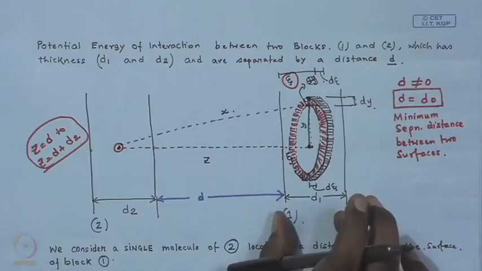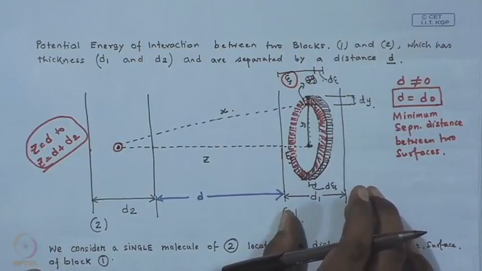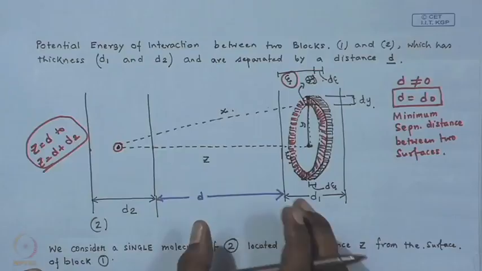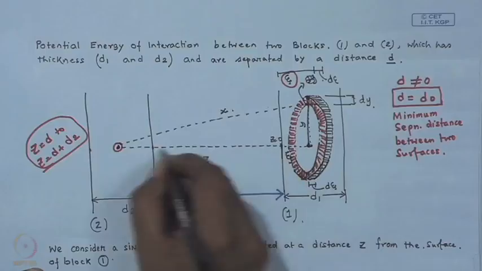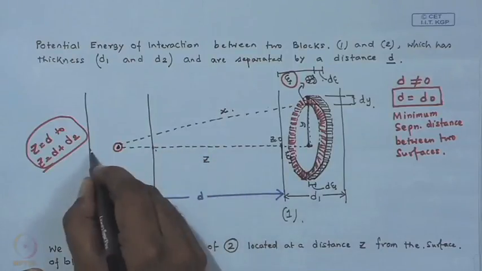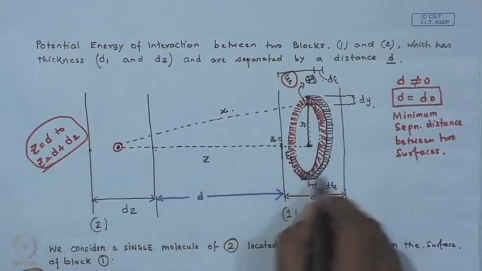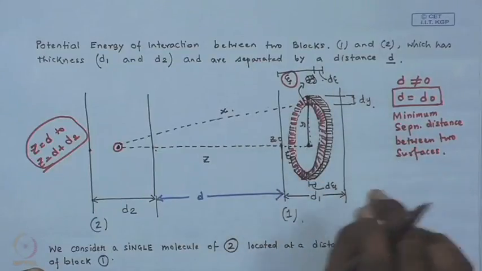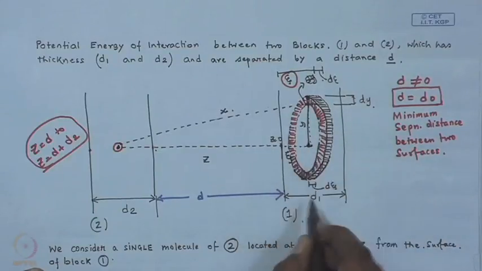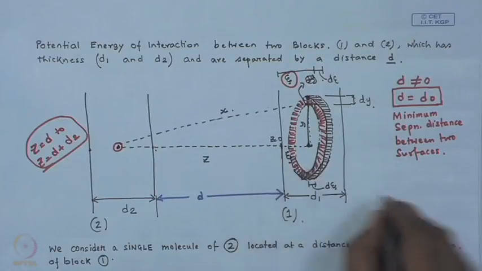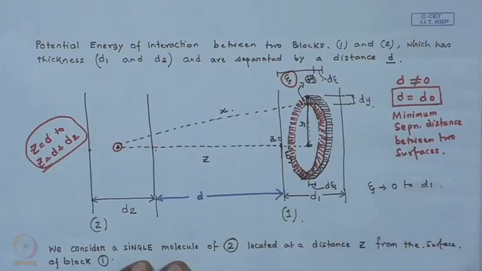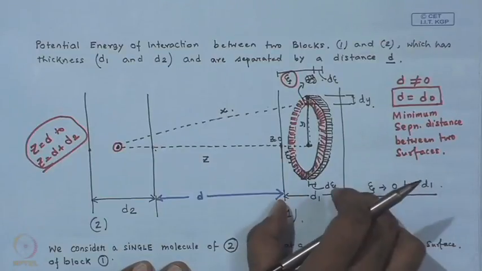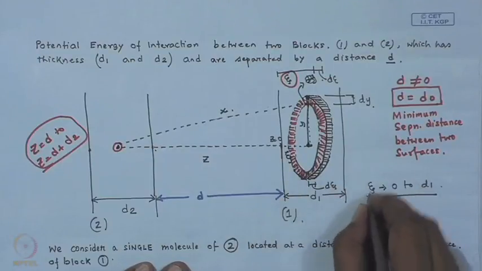So, two blocks of width or thickness d1 and d2, and they are separated by a distance d. Look at the origin of z. So, here is z equal to 0 and it increases in this direction. Here z is equal to d, here z is equal to d plus d2, and you have considered a ring like annular space, which is at a distance zeta inwards in block 1. So, the limits of zeta is essentially 0 to d1, and that is the extent of the first object.